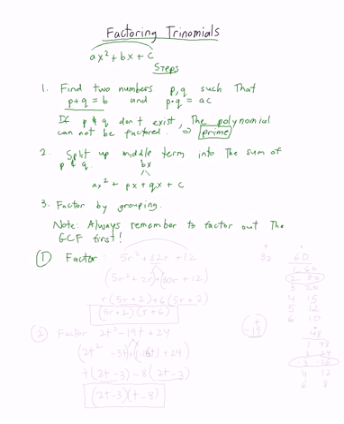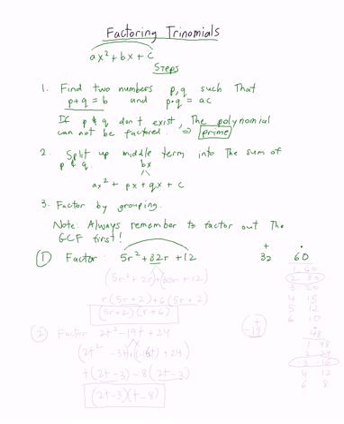We want to factor 5r squared plus 32r plus 12. First thing we do is we find two numbers that multiply to be 5 times 12 and add to be the middle number. So let's write that down. 5 times 12 is 60, and the middle number is 32.